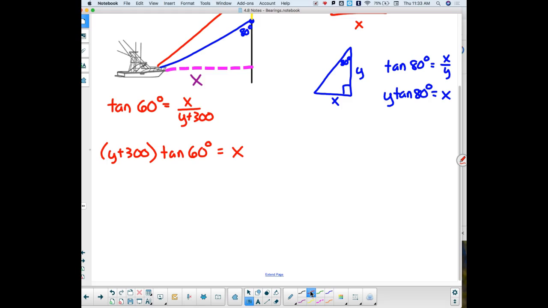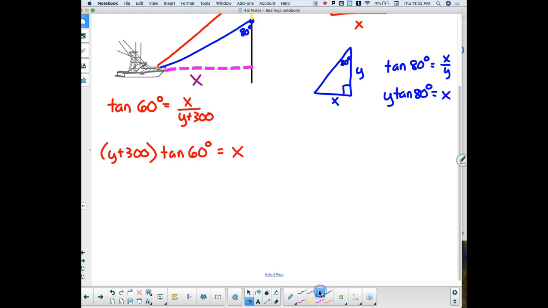So just y tan 80 equals y plus 300 times tan 60. So substitute y times the tangent of 80 in for x. Is that what you were trying to say? I figured, but she might think that x does equal x, which it does.